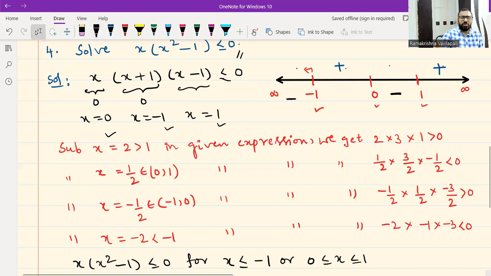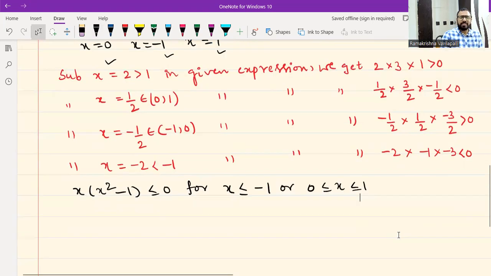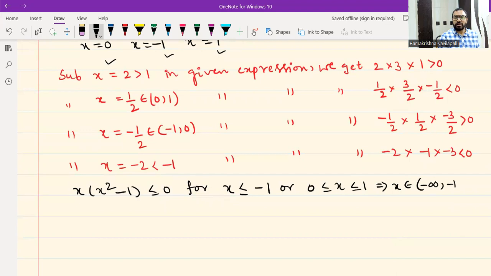Well, so almost all we are done now. We got the interval. So this implies that x belongs to minus infinity to minus 1 closed, union closed 0 comma 1.